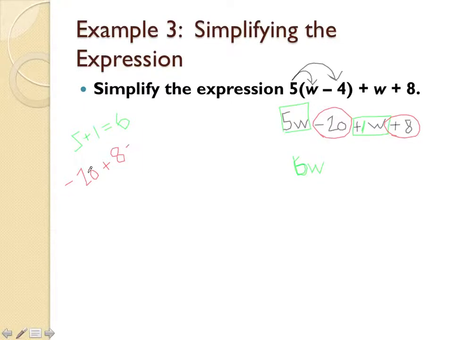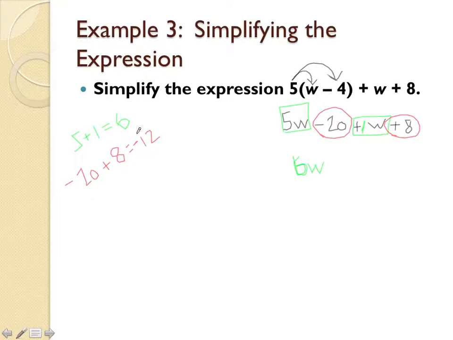I'm going to use my rules for integers. Are the signs the same? In this case, no. So I'm going to find the difference, or subtract, and keep the sign of my larger. 20 minus 8 I know is 12. Since 20 was larger and it was negative, my answer is negative 12.